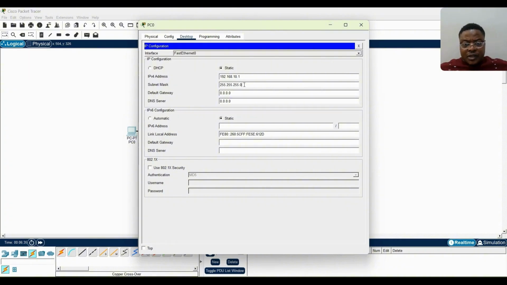So I will get automatic subnet mask. So this is 192.168.10. So this is like the network.